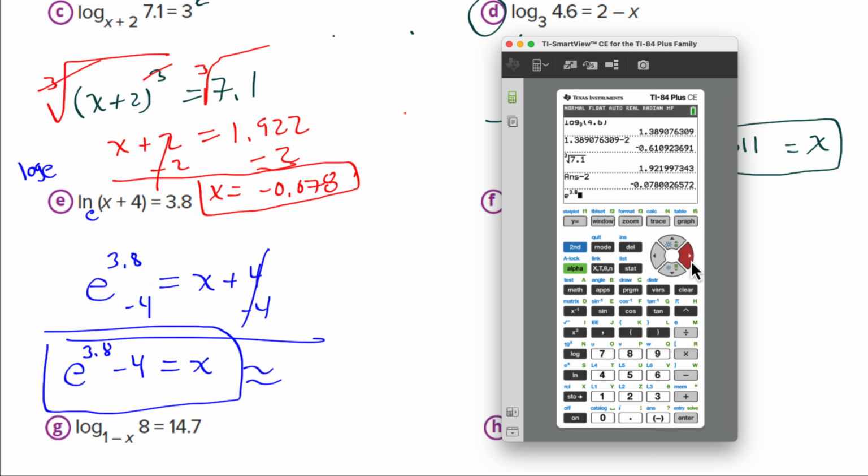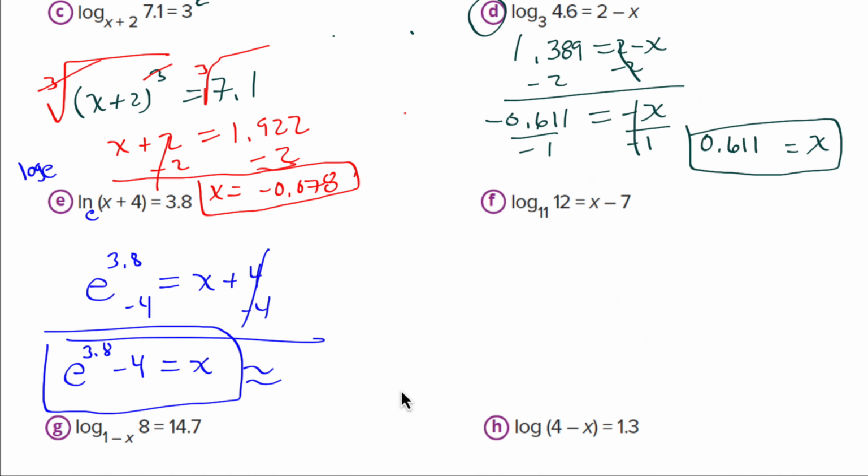And then when we're all done, we want to subtract 4. Make sure you come out of that exponent. And we will get 40.701 on that. So we're going to say x is approximately equal to 40.071. I lied. 40.701, not 071. Finally got it right, though, eventually.